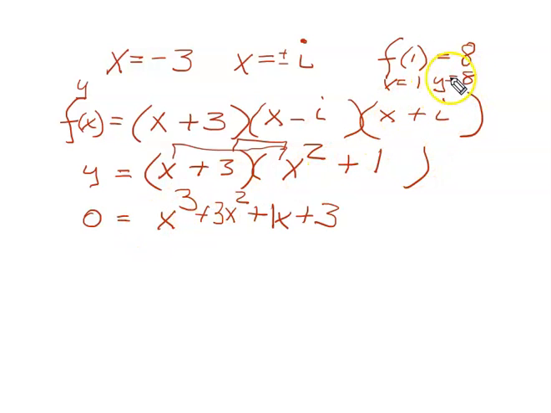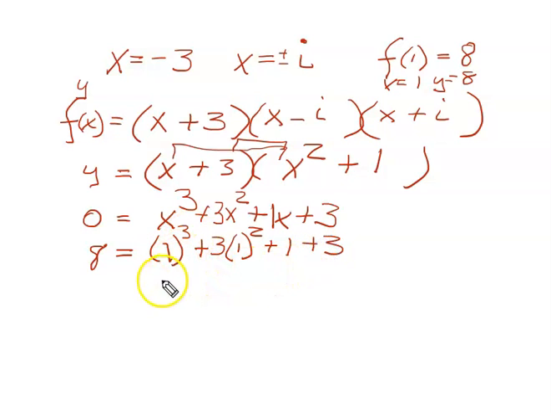So we're going to put our value for y, which is over here, is 8. And then this is going to be 1 cubed plus 3 times 1 squared. We're getting our x value from here, plus 1 times 1 is 1, plus 3.